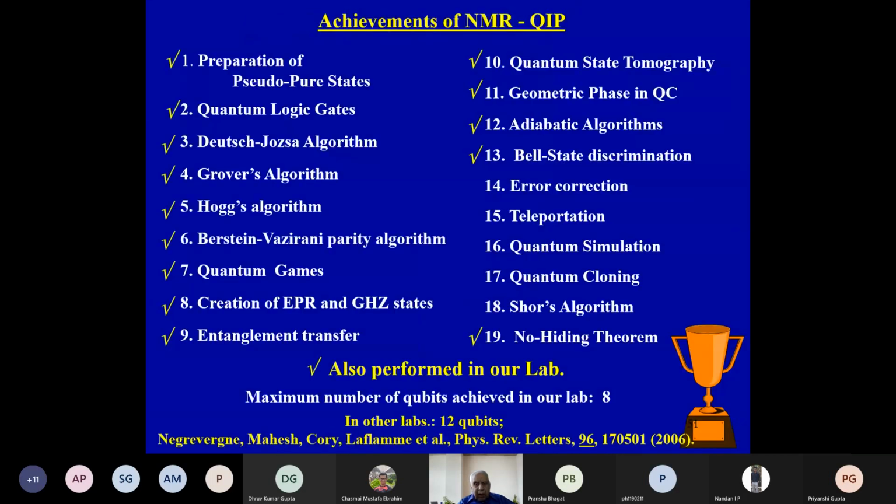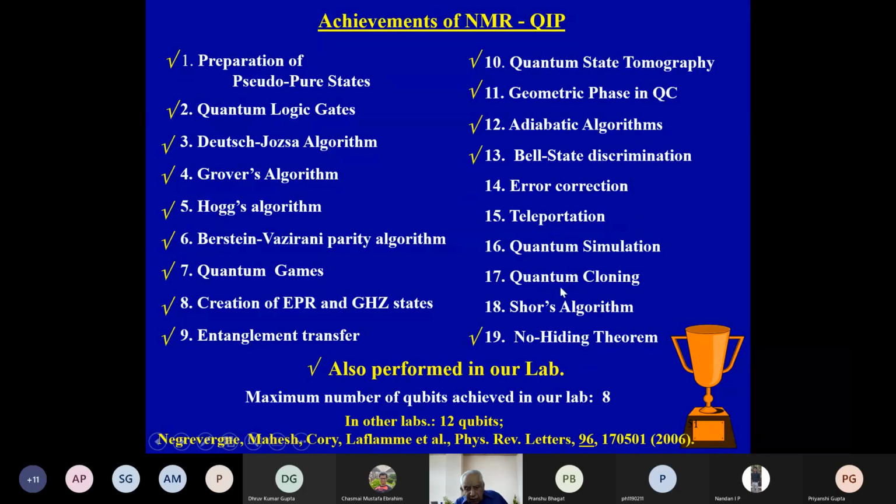All right, there are many experiments done by a very large number of people, especially from Cory's group and at MIT, and those with a tick mark we have also done in our lab. The preparation of quantum logic gates.